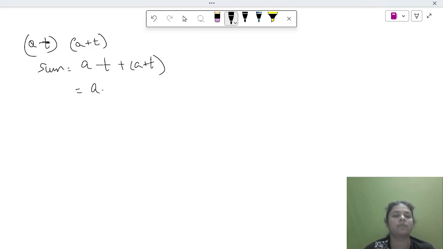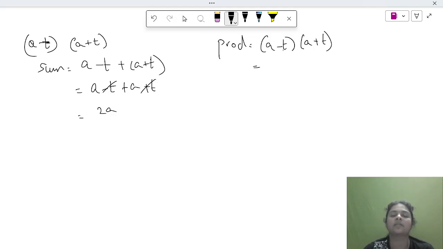So the sum of the roots will be a minus t plus a plus t. So t and t will cancel, and you will get 2a. And the product of the roots will be a minus t into a plus t. This follows the formula of a plus b into a minus b, which can be written as a square minus b square, or here a square minus t square.